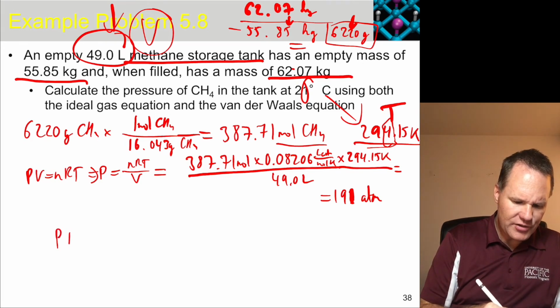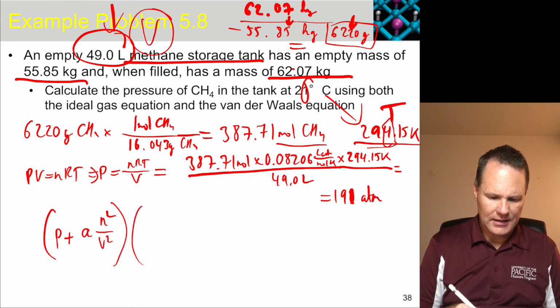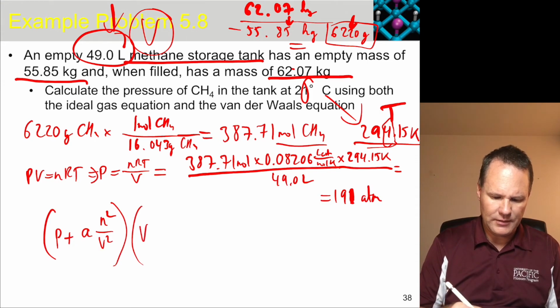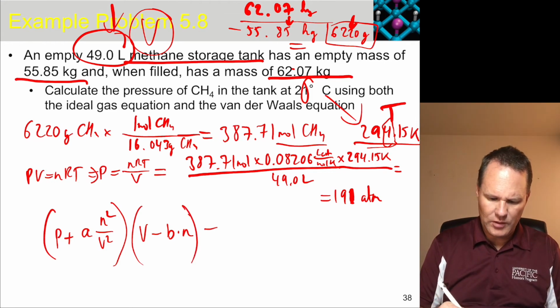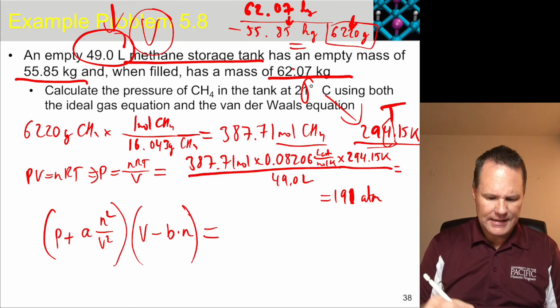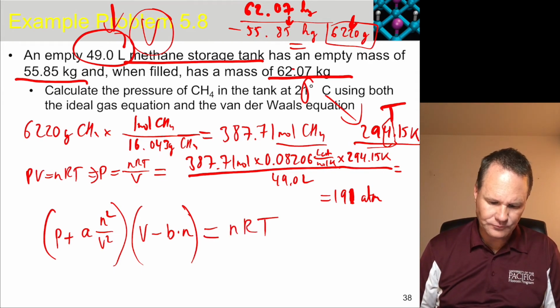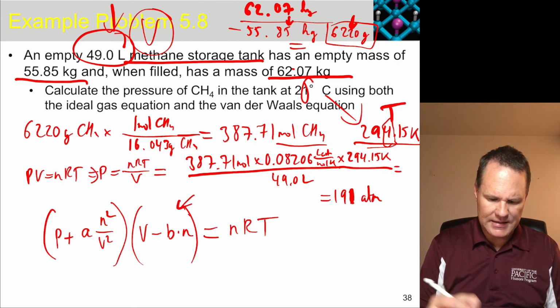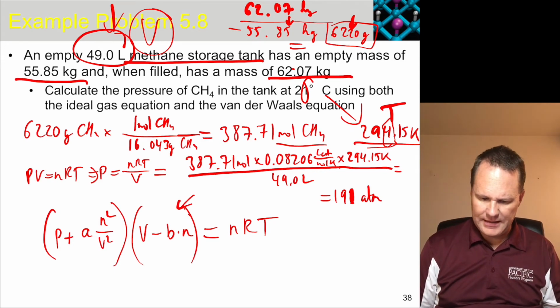The pressure plus a times n squared over V squared, times the total volume, now at 49.0 liters, but now subtracting b times n, the correction for the volume, equals nRT. So the nRT part is the same. Now this correction is simply calculated from the volume, the b factor, and the number of moles.